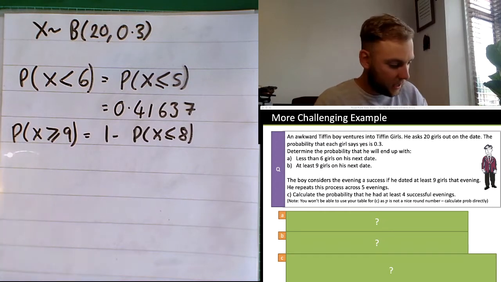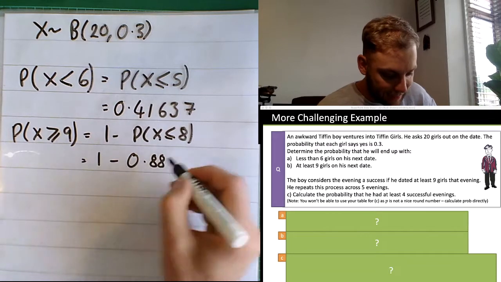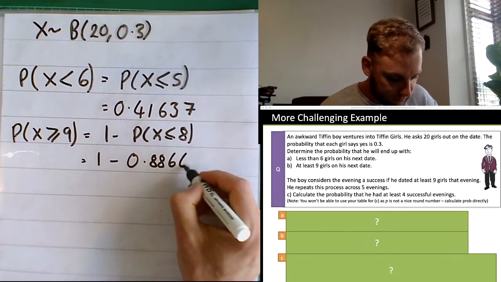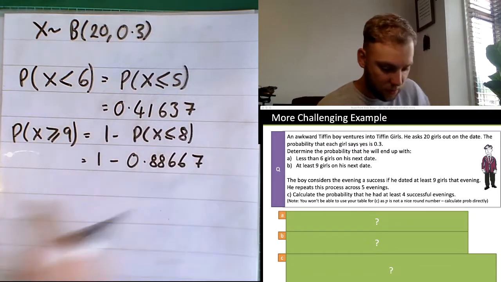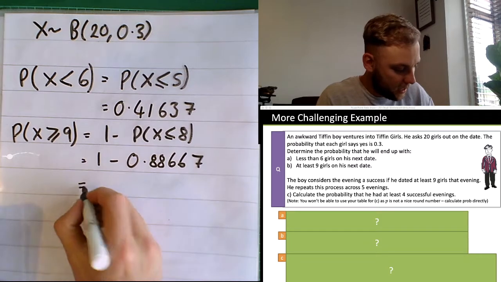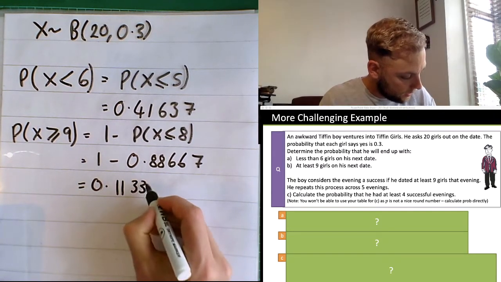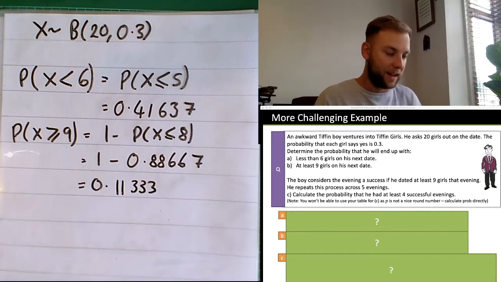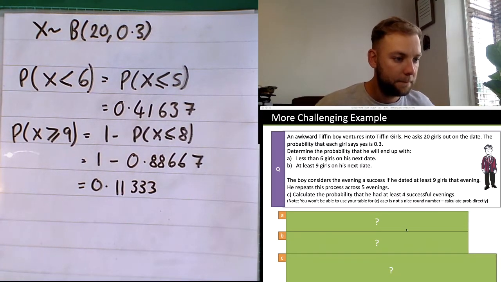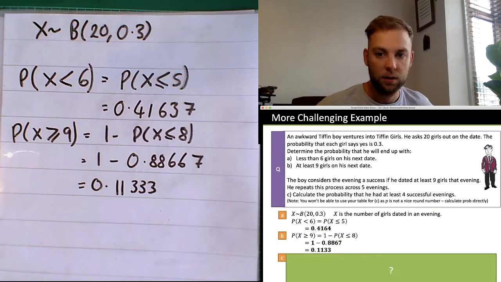So this is going to be 1 minus 0.886667. So menu, 1 minus my answer gives me 0.11333. So let's check A and B for now. Brilliant, that's the first one. Brilliant, that's the next one.